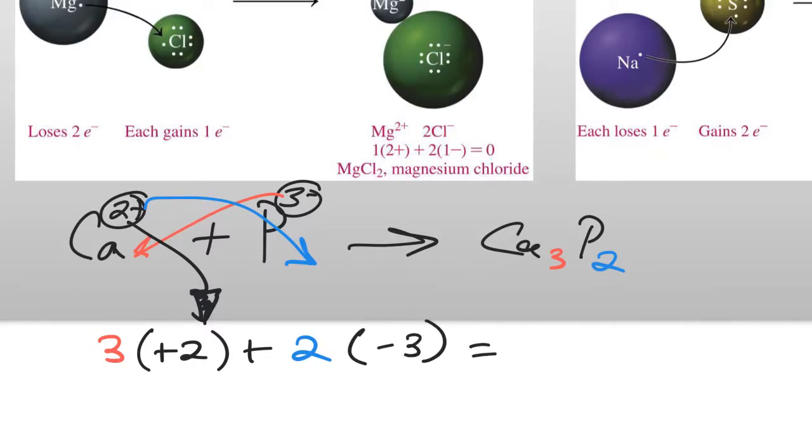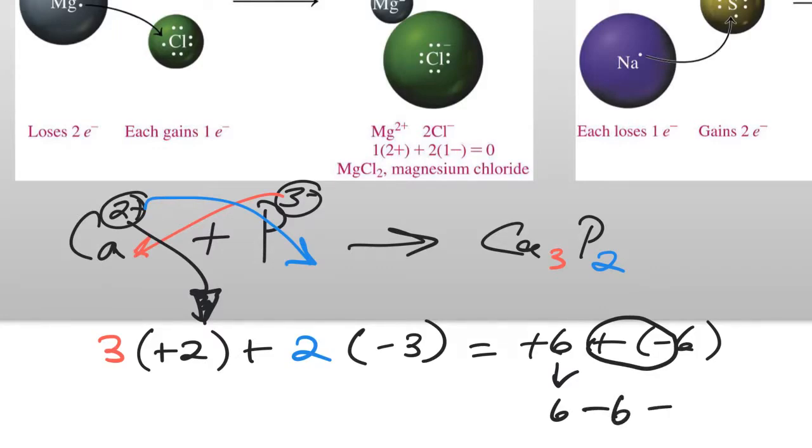What does that equal? We get +6 plus -6, because 3 times +2 is +6, and 2 times -3 is -6. Those, a positive and a minus, cancel, and you get 0. It's neutral. So essentially you're finding the least common multiple of everything, but we call this the crisscross method.